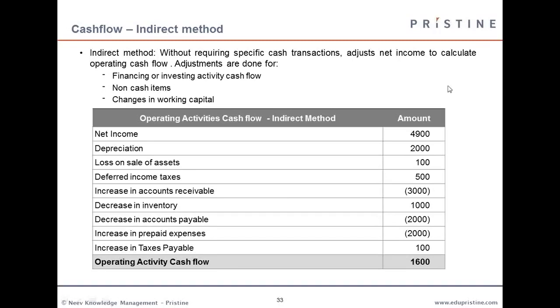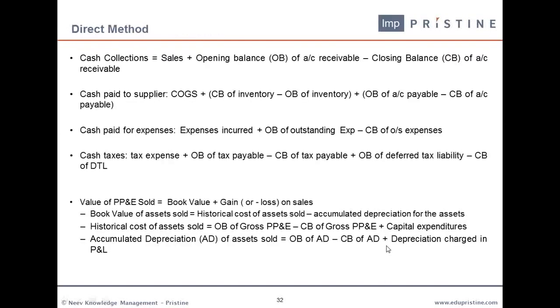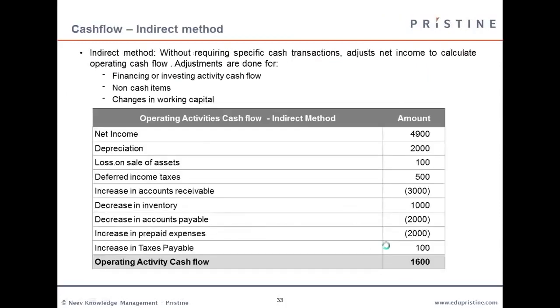So if we have any differences in these terms, we take care of all these. Say, an increase in current assets is subtracted, whereas an increase in current liabilities is added. So that's the thing that we have to remember, and using that we can get the operating activity cash flow, which is the same as what we got in case of direct method.